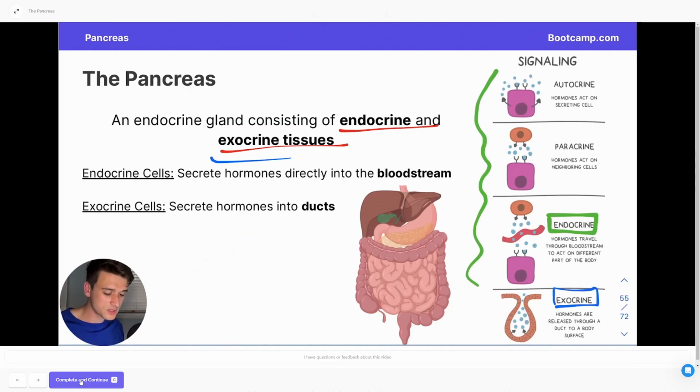So where endocrine cells would release hormones directly into the bloodstream, exocrine cells by comparison release their hormones into ducts. And this is demonstrated for us in the visual down below. We have this mock lining of cells in this U shape here, and they're all producing hormones, shipping them into this tube-like vessel known as a duct. And as we'll see, this gives the pancreas a wonderful array of capabilities since it is able to utilize both of these modes.